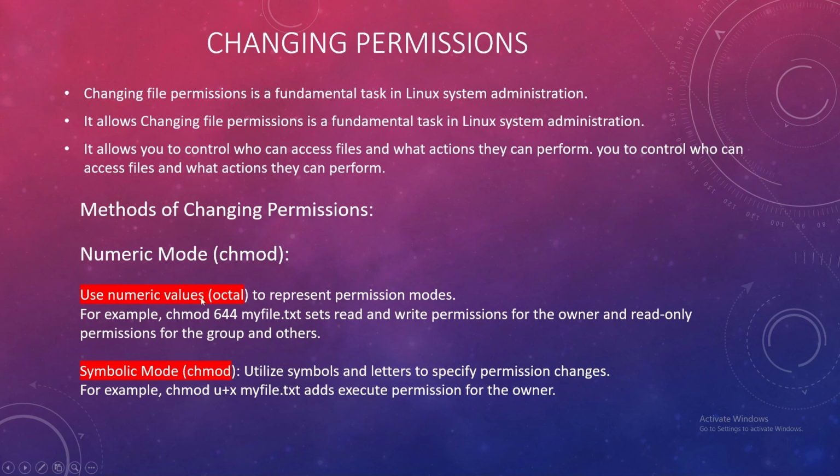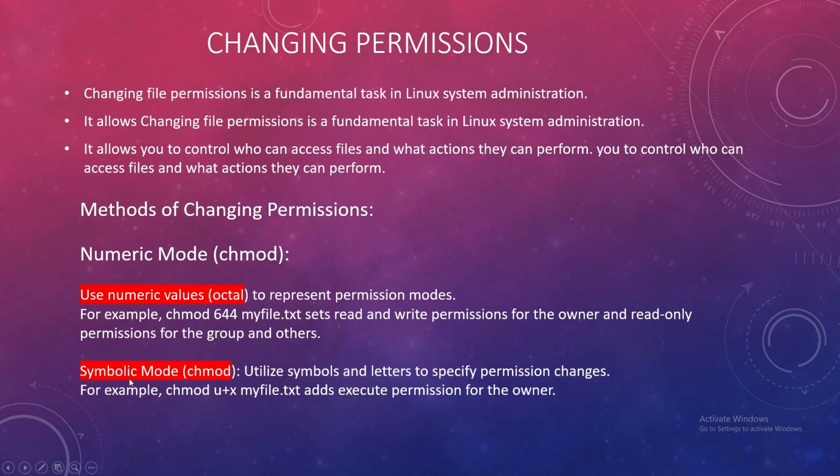Using numeric octal values to represent permission modes, for example, if we set chmod 644 followed by the file name myfile.txt, it basically sets read and write permissions for the owner and read only permissions for the group and others.